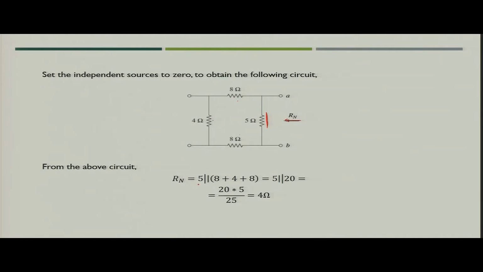So, what you can write? You can write 5 ohm resistance in parallel with the series combination of 8, 4 and 8 ohm resistances. So, what you get when you solve it, you get Norton's resistance is equal to 4 ohm, that is nothing but Thevenin resistance also.